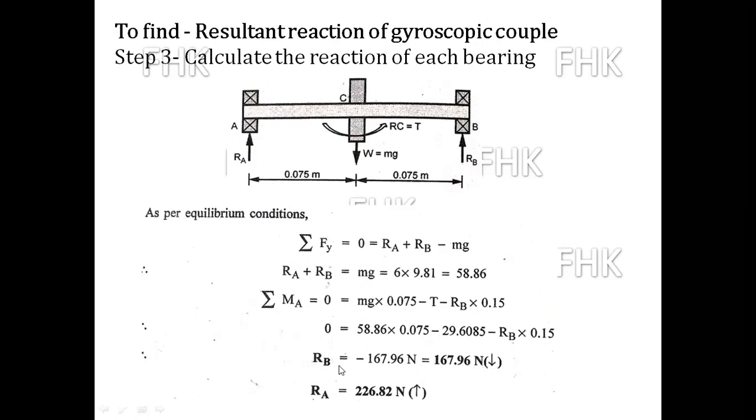Putting the value of Rb in the earlier equation, we know Rb now and have to find Ra; the value of mg we have already found. After solving, the value of Ra comes out as 226.82 Newton. As it is a positive value, the reaction force is in the upward direction. So this is our final answer, Ra and Rb.